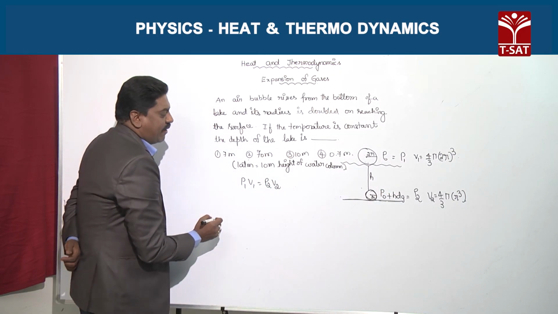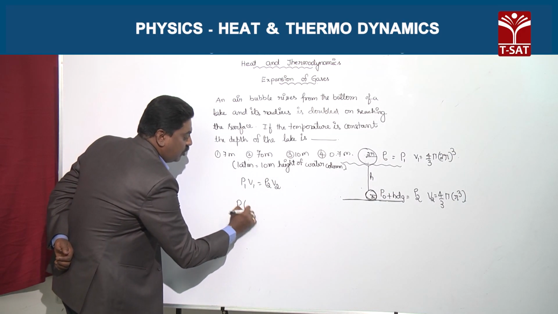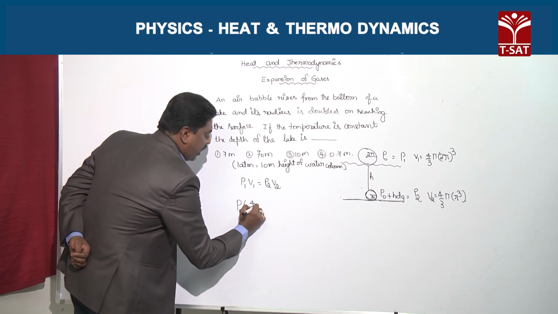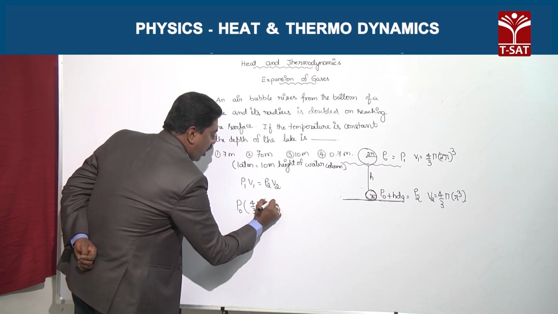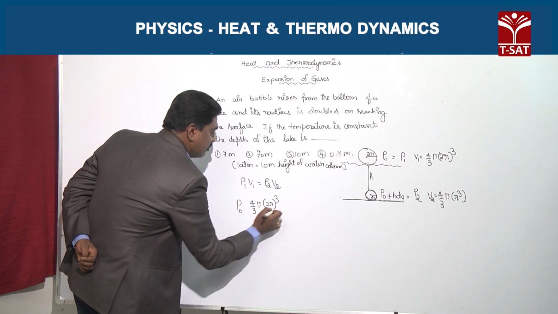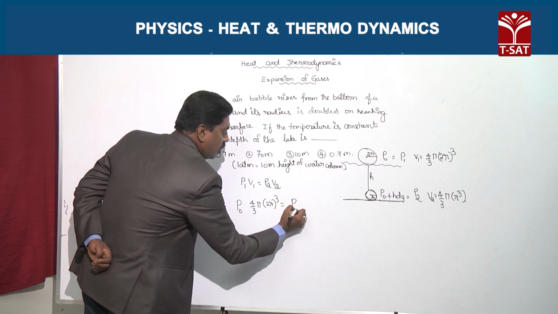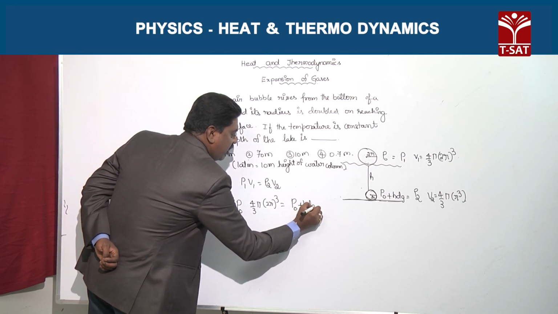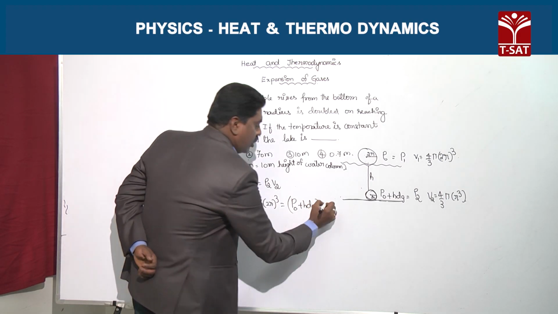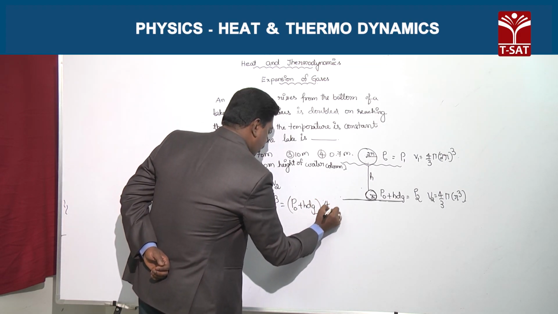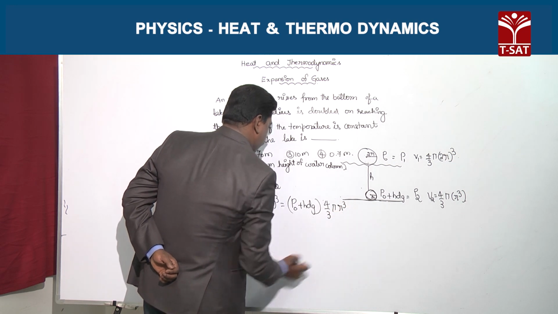Substituting the values, P0 into 4 by 3 pi into 2r whole cube is equal to P0 plus h rho g into 4 by 3 pi into r cube.